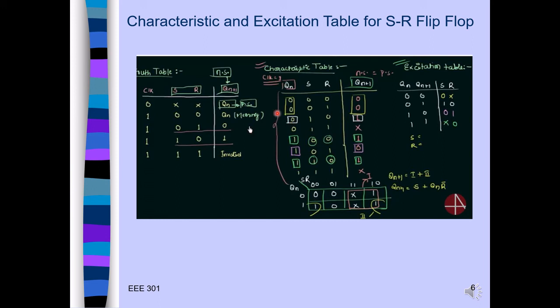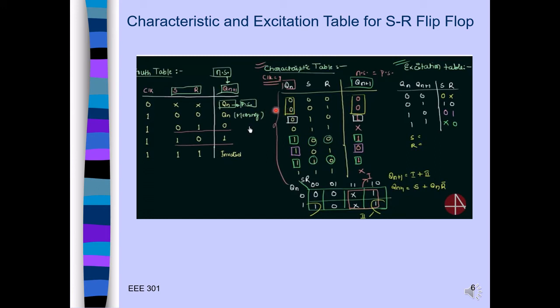Okay, so if you look here, Qn and Qn plus 1. For the 0 0 state, Qn is 0 and Qn plus 1 is 0, so we consider these first two rows.